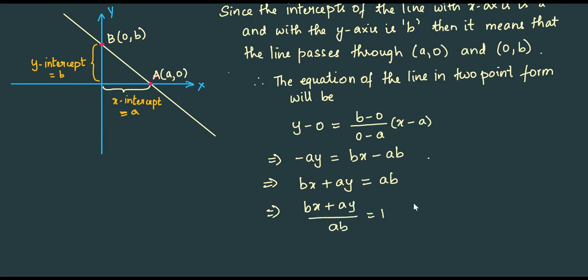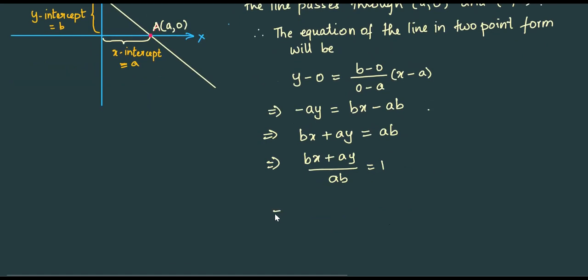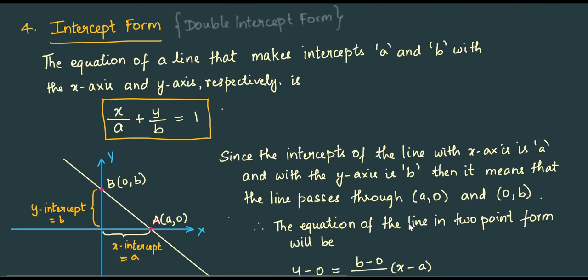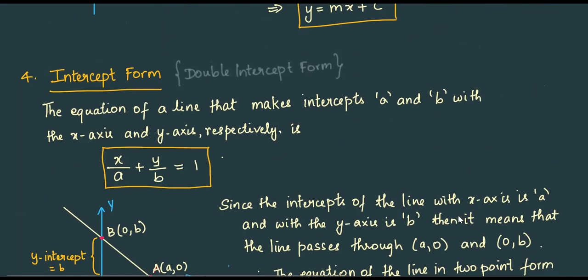If we divide the first term bx by ab, b and b cancel, we get x by a. The second term ay by ab, a and a cancel, we get y upon b is equal to 1. So we get x upon a plus y upon b is equal to 1. This is the intercept form of the straight line, the double intercept form.